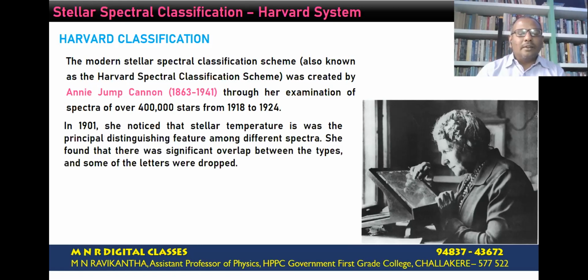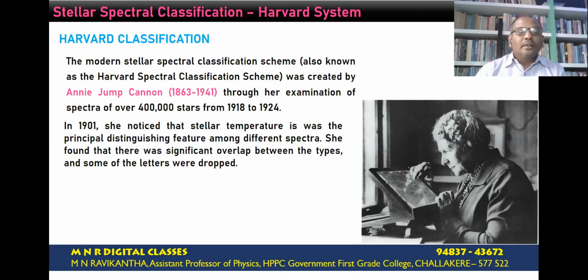As I just explained, in 1901 she noticed that stellar temperature was the principal distinguishing feature among the different spectra. The older methods used by Pickering and other scientists took the hydrogen absorption lines as the key feature for classifying the stars. But Annie Jump Cannon noticed that rather than the hydrogen absorption lines, the stellar temperature is the key feature which gives perfection in stellar classification.